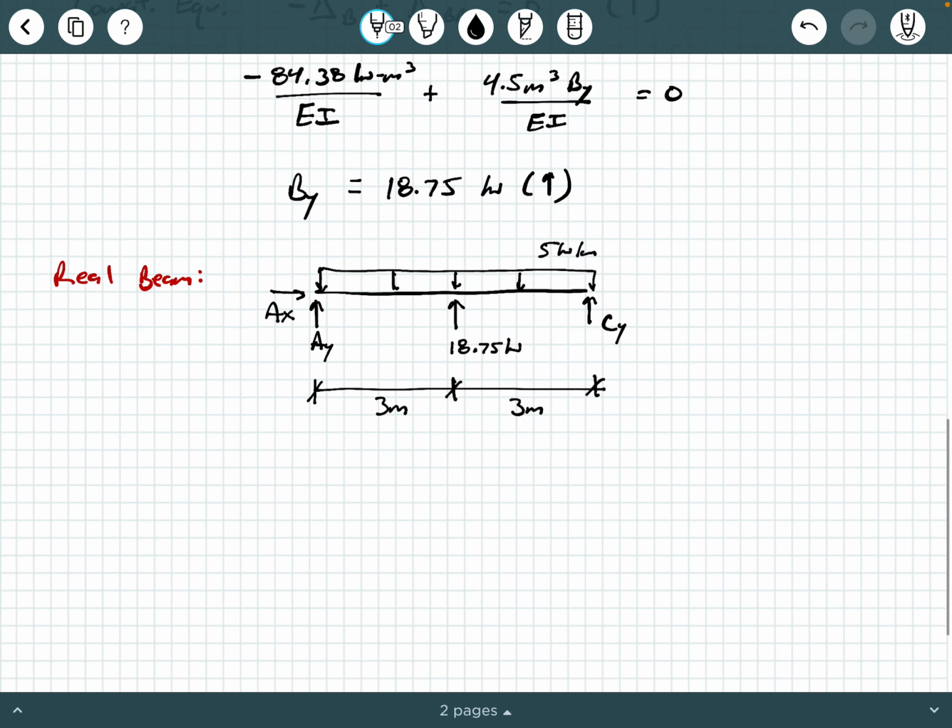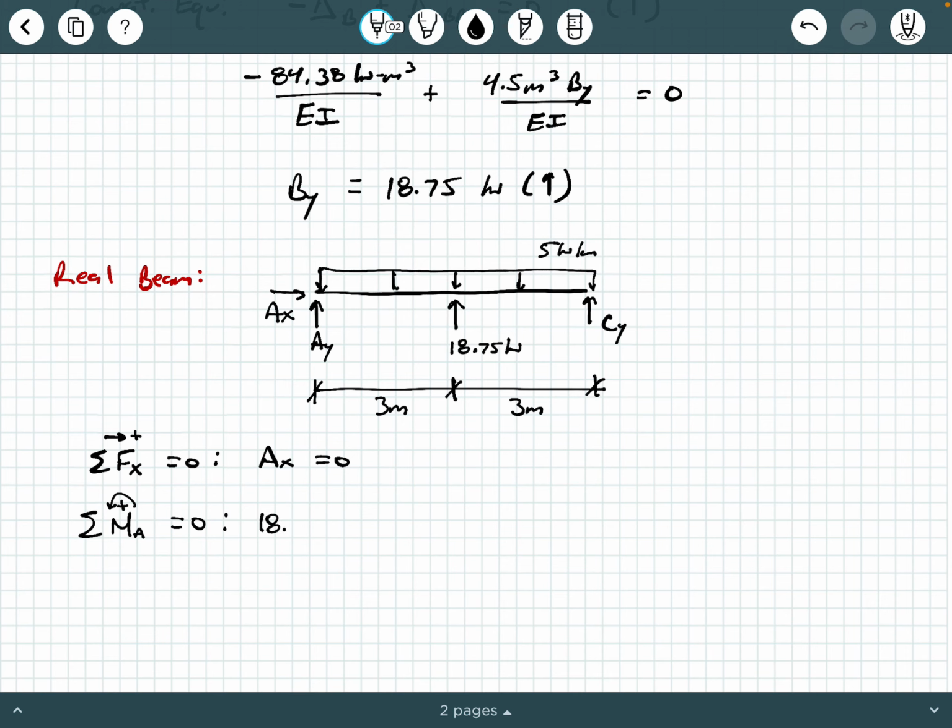So if you look here, we just have 3 external reactions left to solve for. Clearly, we can say sum of the forces in the x direction equals 0 and AX will be 0. We can then say sum of the moments about point A equals 0, taking counterclockwise rotations as positive.